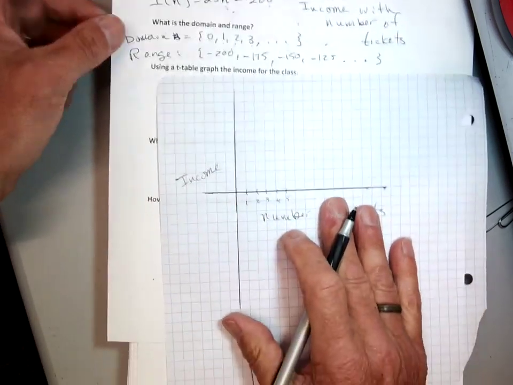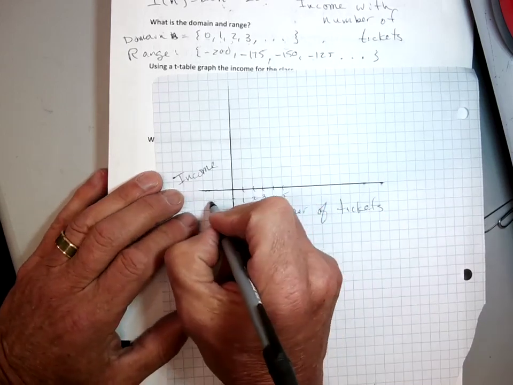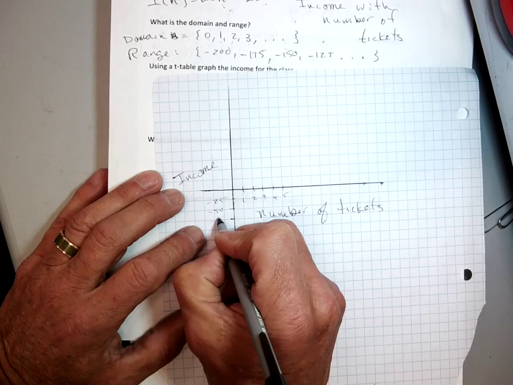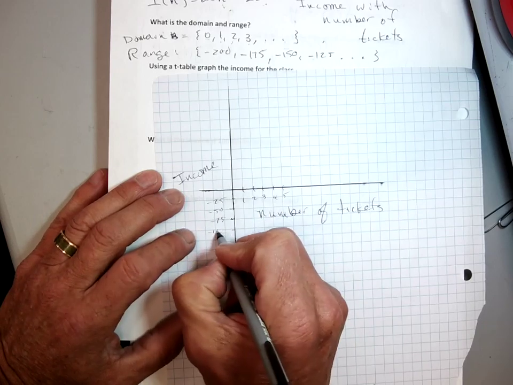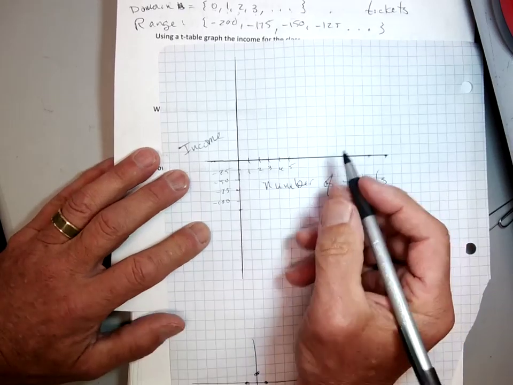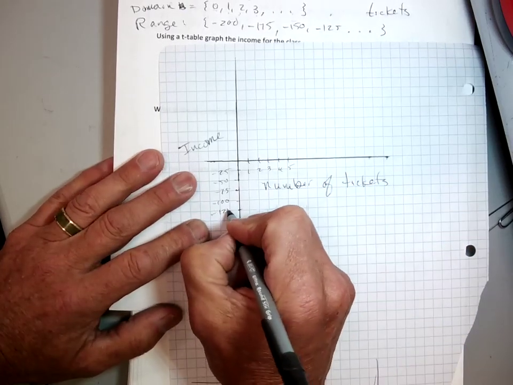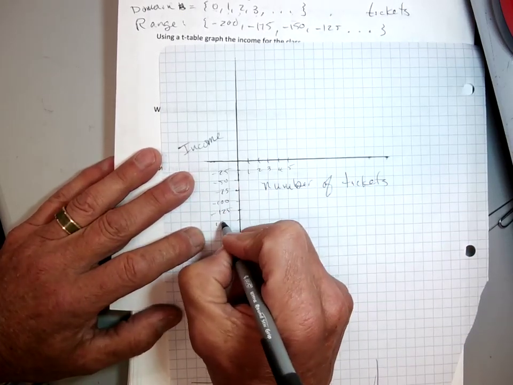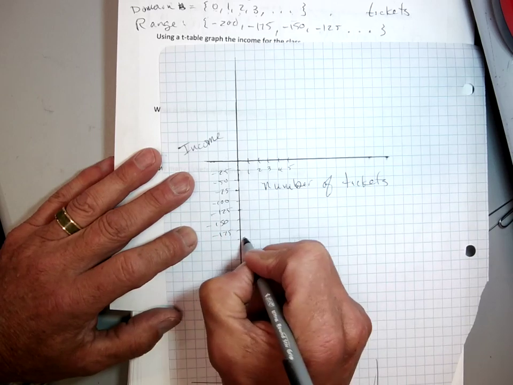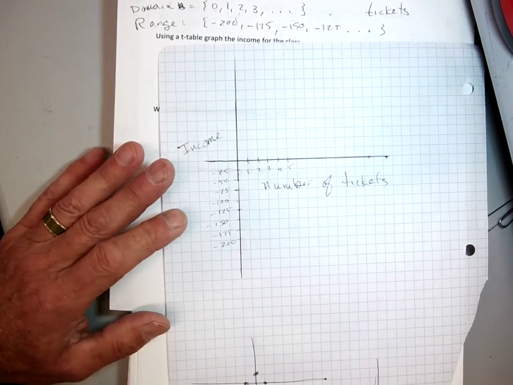So, negative 200. If I go by 25s: negative 25, negative 50, negative 75, negative 100. Anytime you want to pause the video, you can. I'm just going to put in my scales. If you want to watch, that's okay also. So negative 200, way down here.